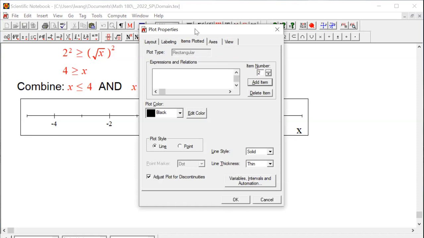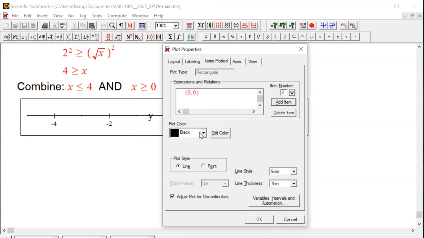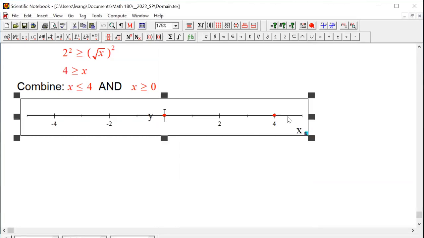And we will have a similar situation, isn't it? 0, 0. So we make it a red dot. And the other one is a 4, 0, 4. And less than or equal to 4 will be all of these until negative infinity.